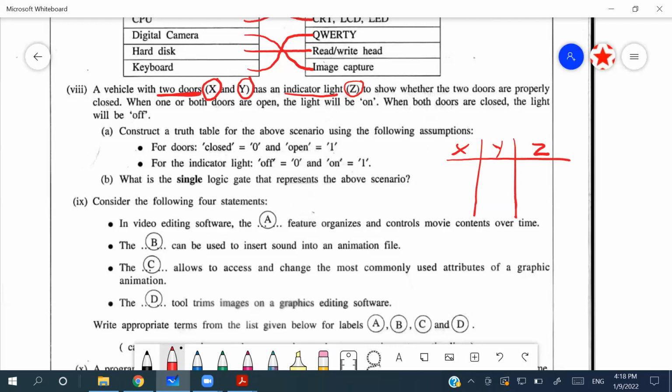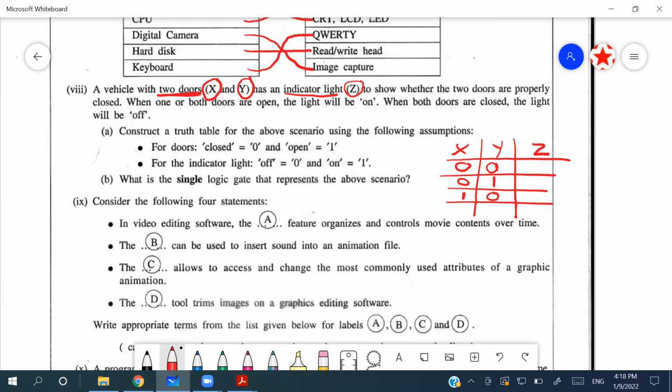So when you have 2 inputs, there will be 4 combinations. And we know what the 4 combinations are. One door is open, the other one can be closed. Let's take the very first combination.